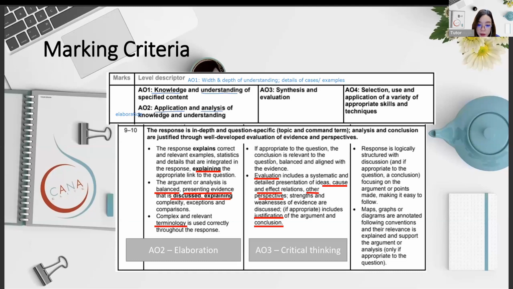Based on the descriptions, you will notice that for AO1 and AO2, students are able to explain the examples and details that are relevant to the question. So relevance and how it is linked to the question would be about AO2, and the details demonstrated in each example and statistic would be about AO1.